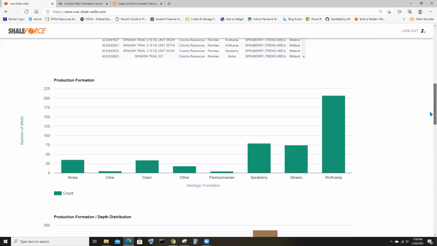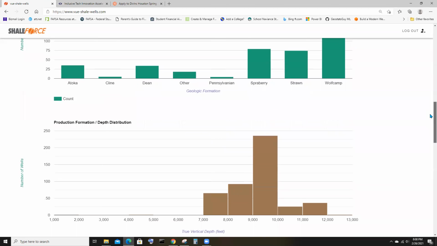Now, if I go down there, it shows perhaps the distribution of where most of this production is coming from. And in this case, as you know very well, from the Wolfcamp Formation and others. So maybe the first thing as a geologist you might consider is, hey, maybe you start looking around and see if there's something that people overlooked.